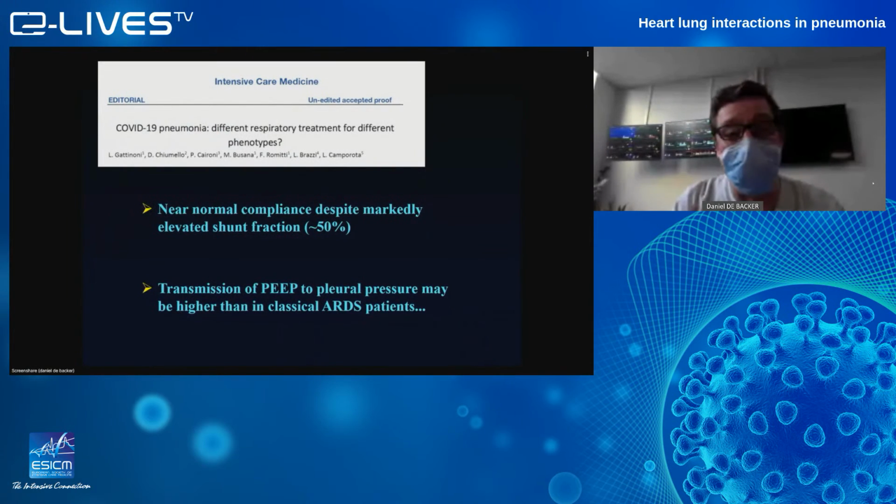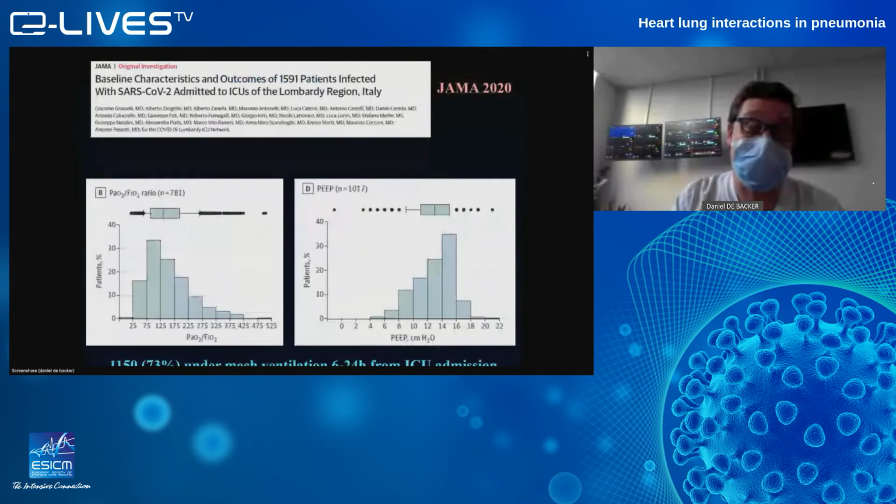So we have already some data showing that we have a very close to normal, or initially relatively normal, compliance despite markedly elevated shunt fraction. And hence, the transmission of PEEP to the pleural pressure may be higher in these cases than in classical RDS patients, at least in the initial stages.